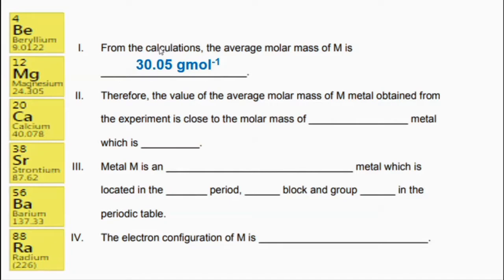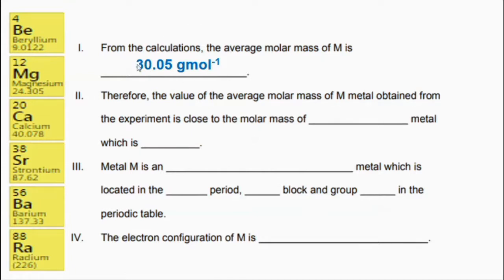If we look at the molar mass value that I obtained from this experiment, 30.05, what element is close to this value? If you look at magnesium, the molar mass of magnesium is 24.305, but what I obtained here is 30.05.